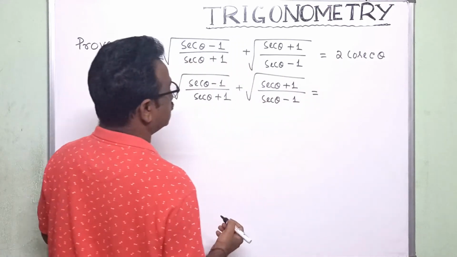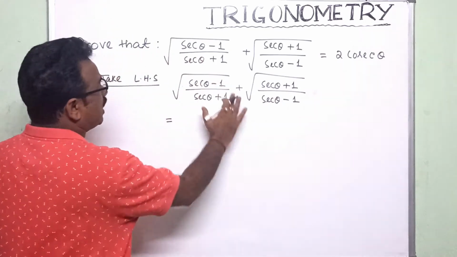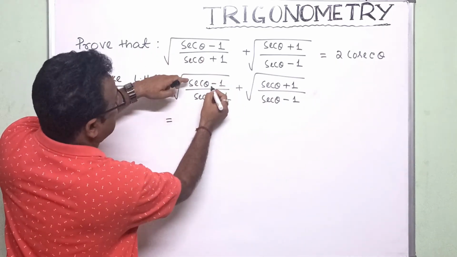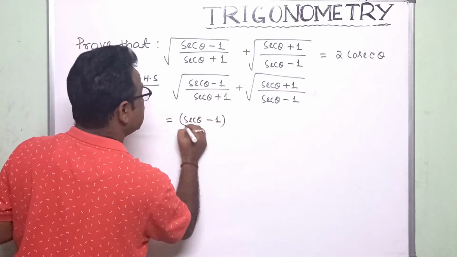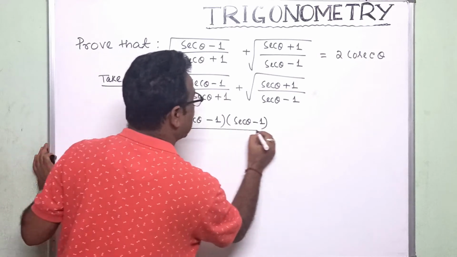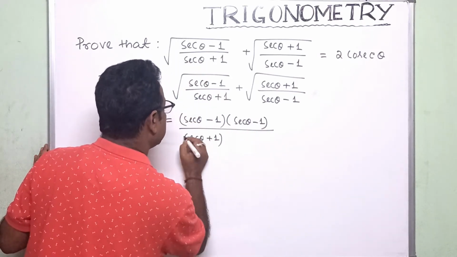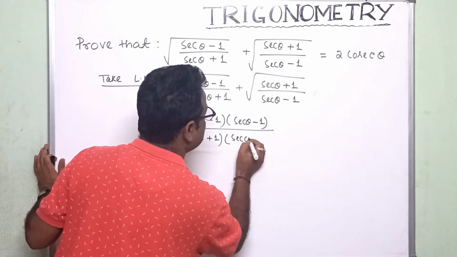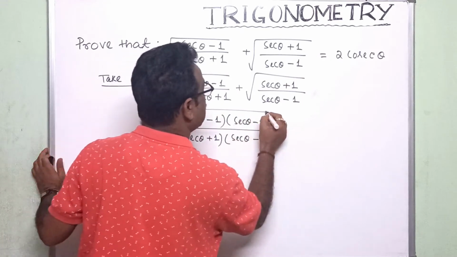Here we multiply sec theta minus 1 in both numerator and denominator, the value remains same, root over is there.